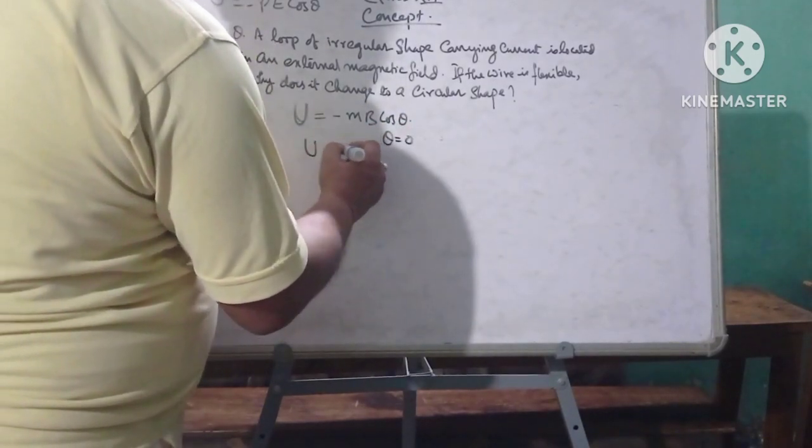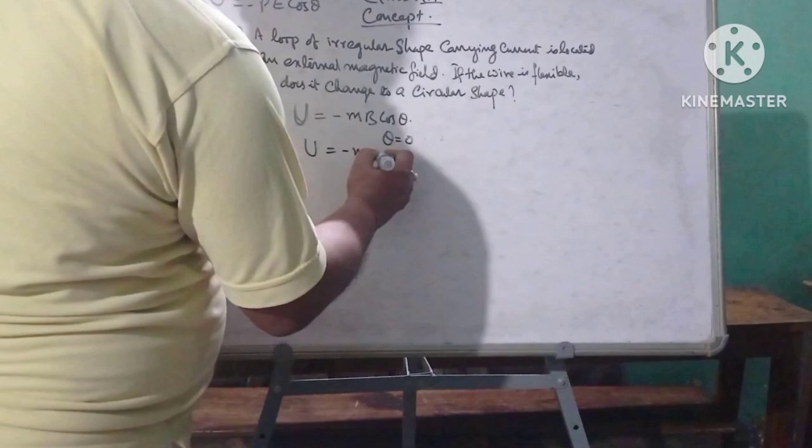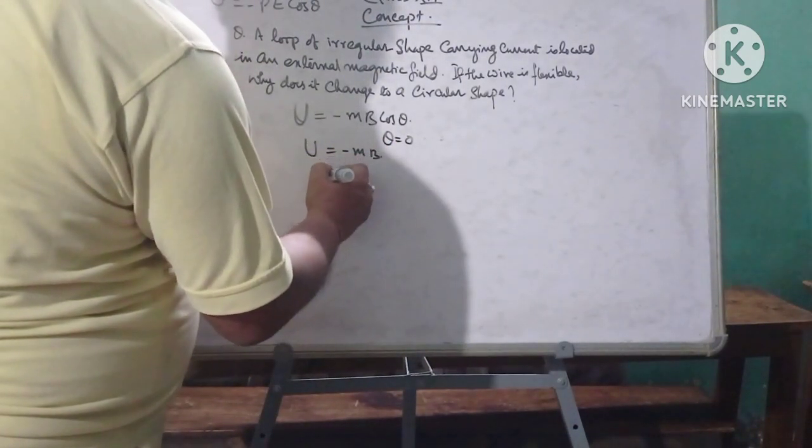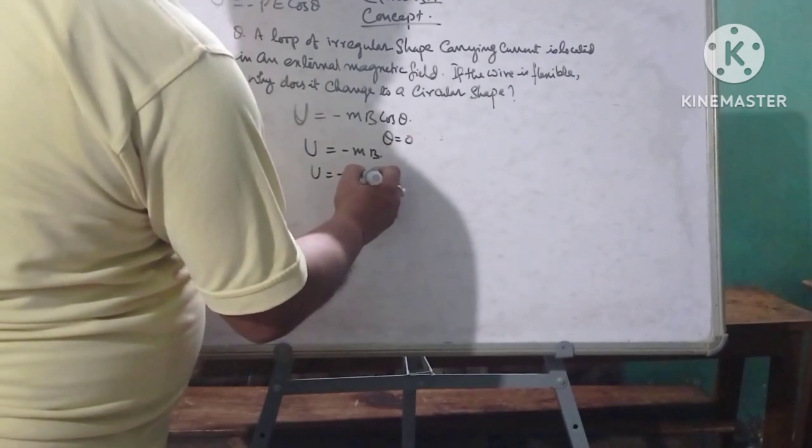So your potential energy will be minus MB, and we know that the magnetic dipole moment is equal to IA, so the energy is minus IAB.